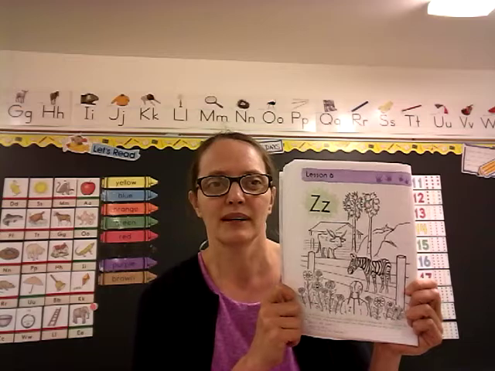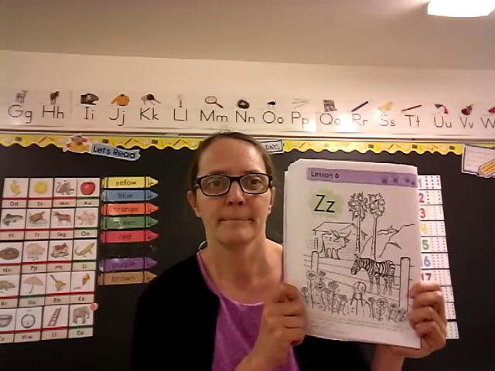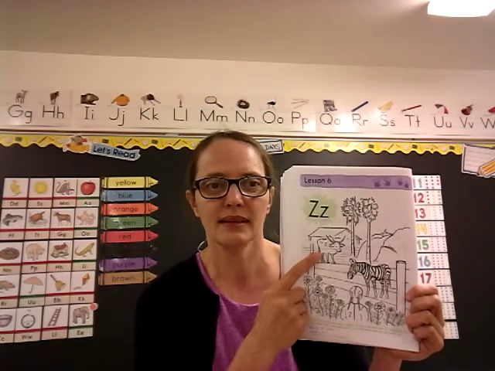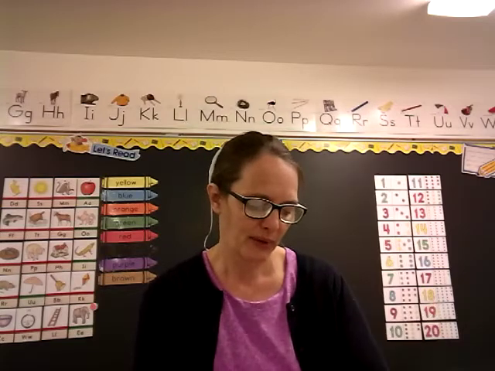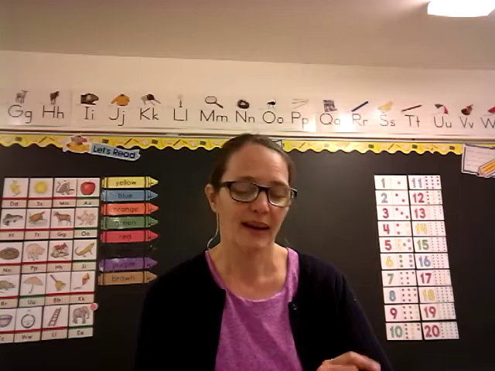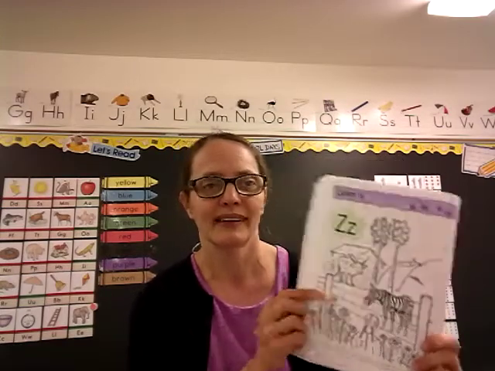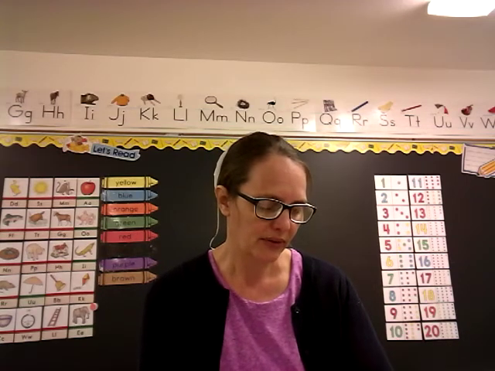And then what else do we see in there? How about this guy right here? See him? Does anybody know what you call him? Let me look again. A zebu. Has anybody ever heard of a zebu? He is a species of cattle.